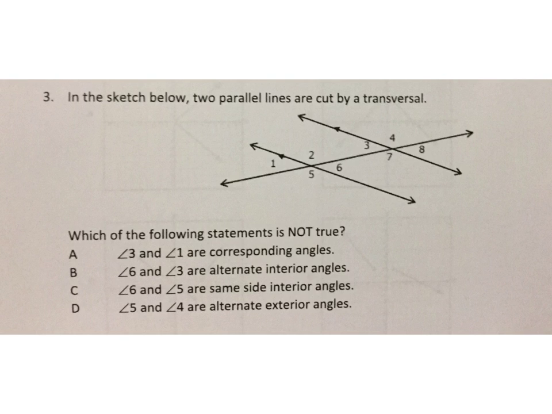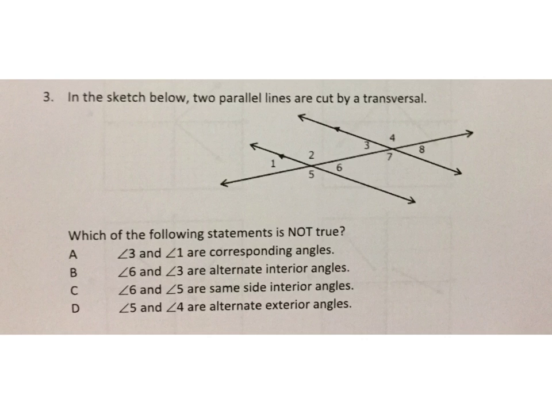Number 3, in the sketch below, 2 parallel lines are cut by a transversal. Which of the following statements is not true? A, angle 3 and angle 1 are corresponding angles.